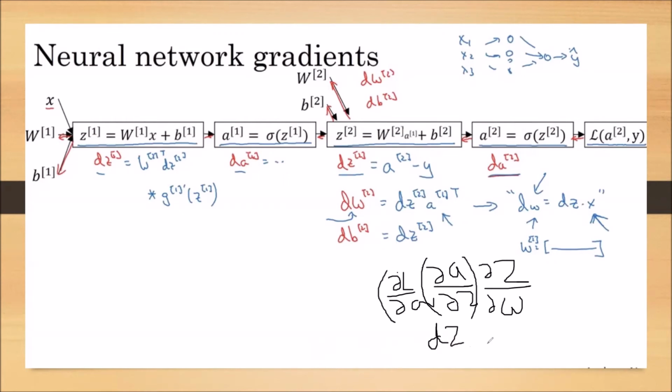And we already calculated that dou Z by dou W gives X. But here, dW we write as dW2, and dz we write as dz2. And instead of X, where X means input, here we write A1. A1 means we are getting the input from the previous layer.